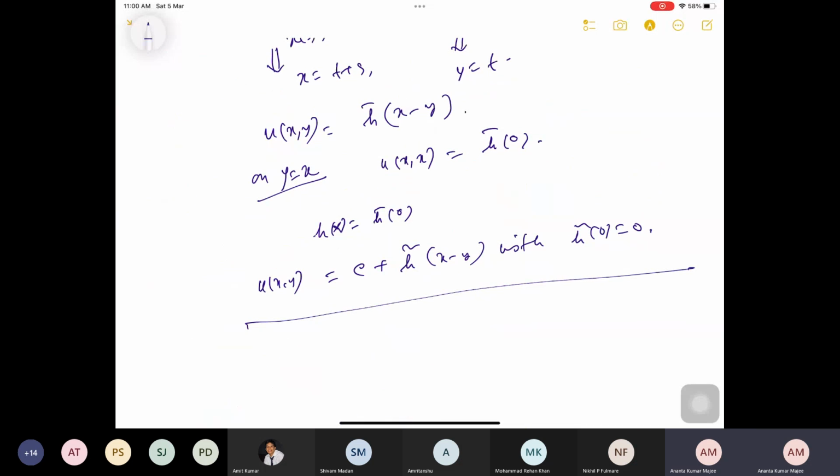This is called the characteristic problem, because here Jacobian J is equal to 0. This is a particular example I am saying. In general, if Jacobian J is equal to 0, we cannot say that it has a unique solution. But whenever it is non-characteristic, the theorem says that it has a unique solution. Okay, I'll stop now.